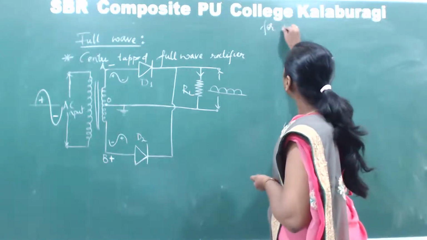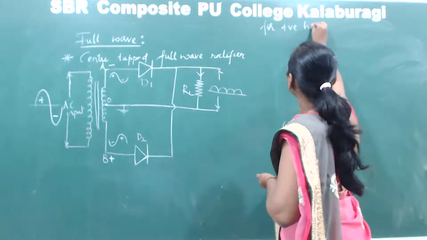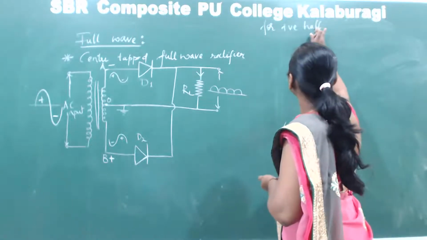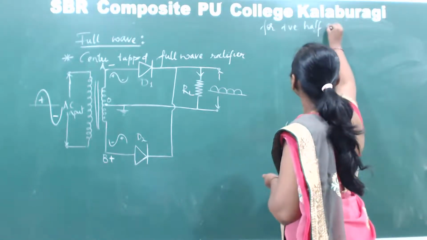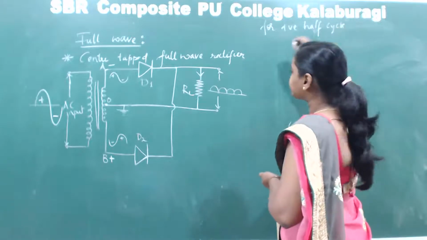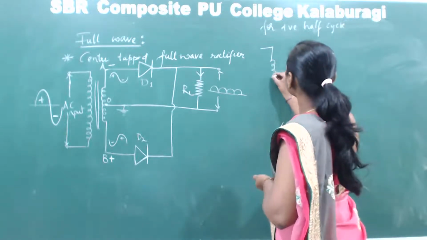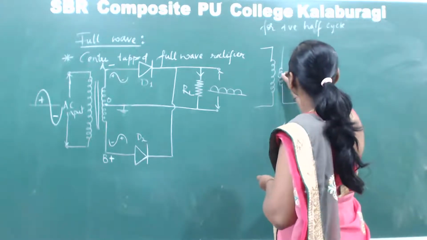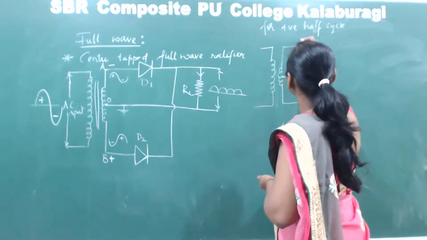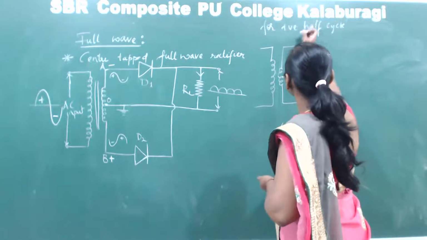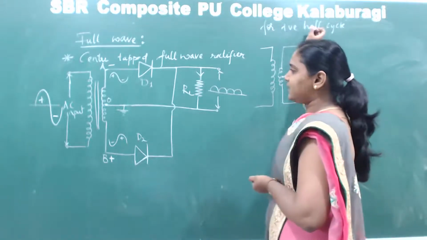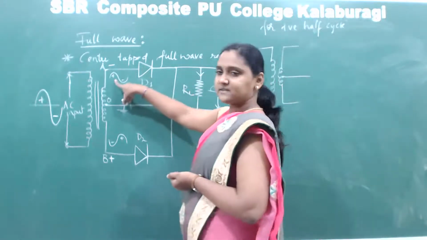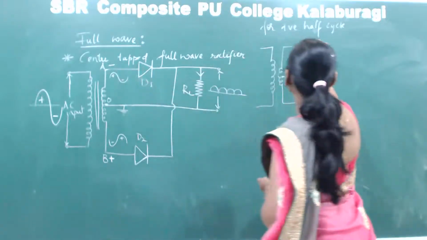For positive half cycle, what happens? This is a positive cycle, so the diode turns on.